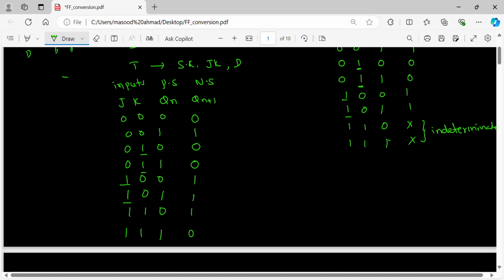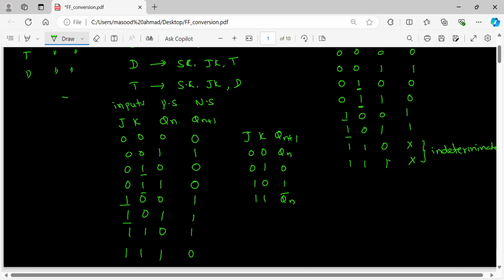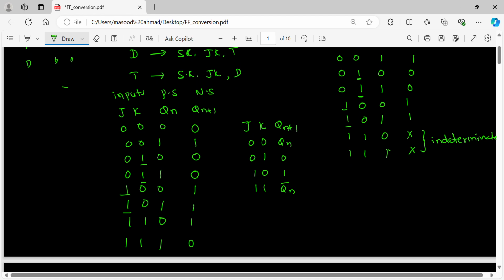We can also write this in a short form, with J, K, and Qn plus 1. When J is equal to 0 and K is equal to 0, it is Qn. When 0 1, it is 0. For 1 0, it is 1. For 1 1, it is Qn bar. This is the short form of the same truth table.